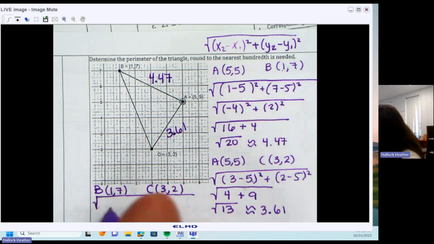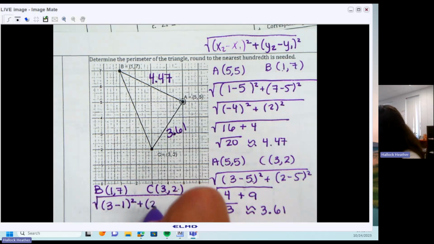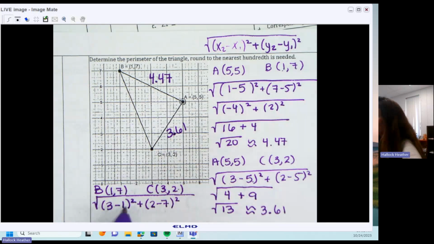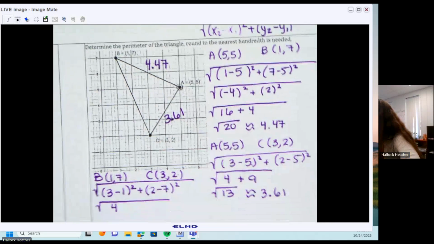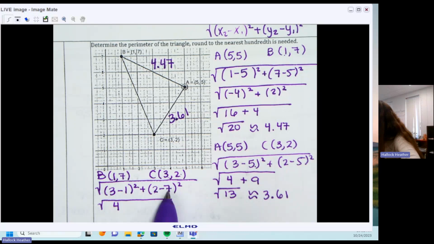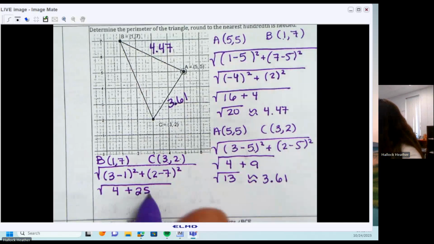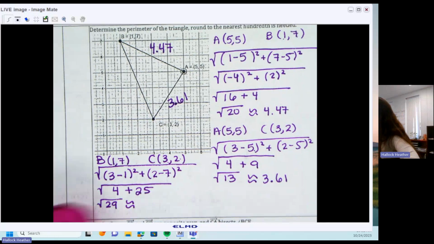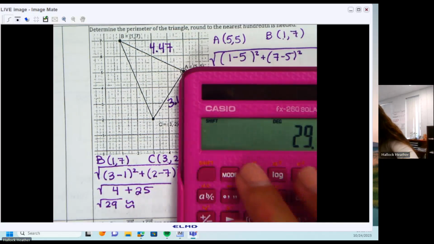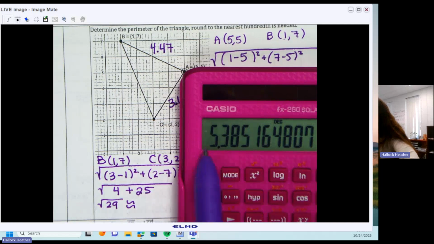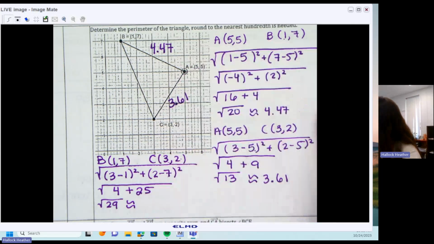So 3 minus 1 squared, 2 minus 7 squared. 3 minus 1 is 2, and 2 squared is 4. 2 minus 7 is -5, and -5 to the power of 2 is 25. If I add them together, I get 29. I'm going to shift square root. I'm sorry, I'm kind of combining steps because I'm running out of space. 5.385, so I'll say 5.39.